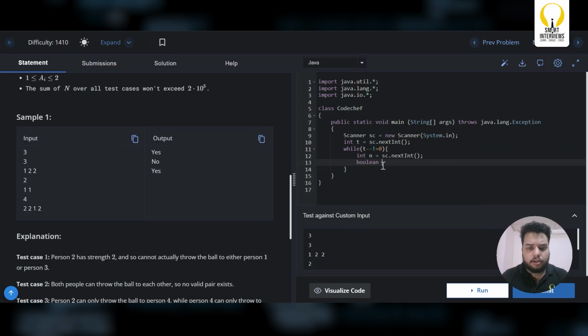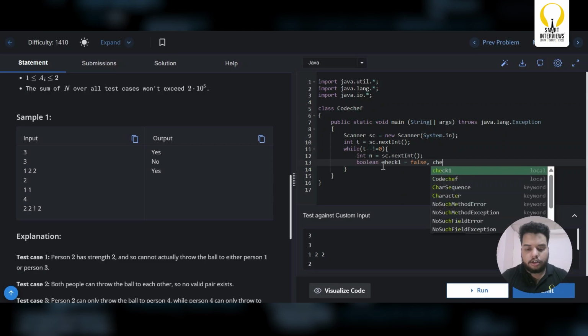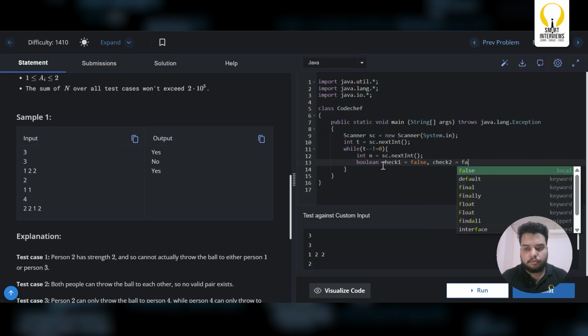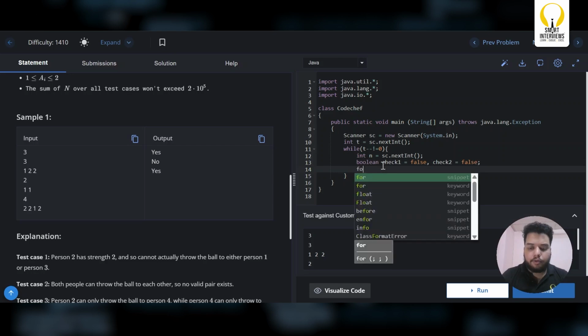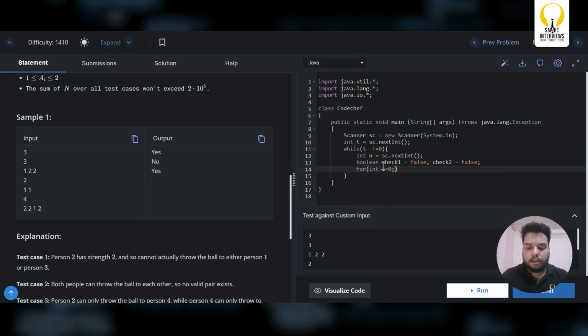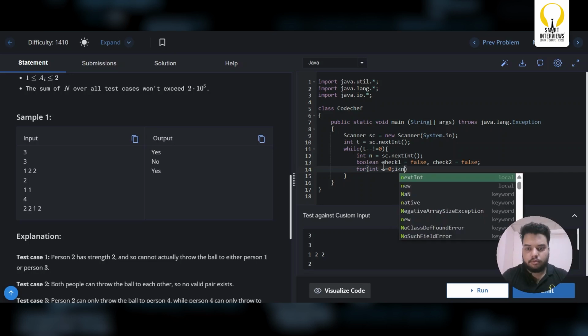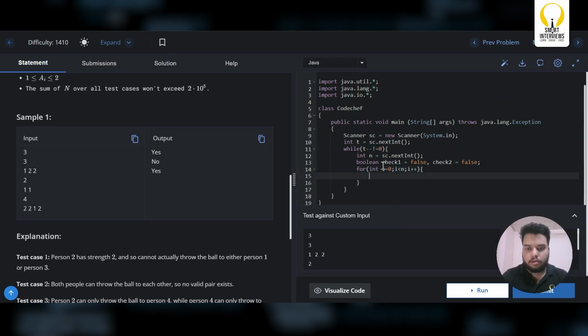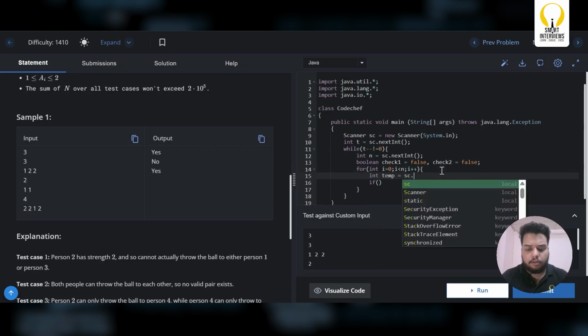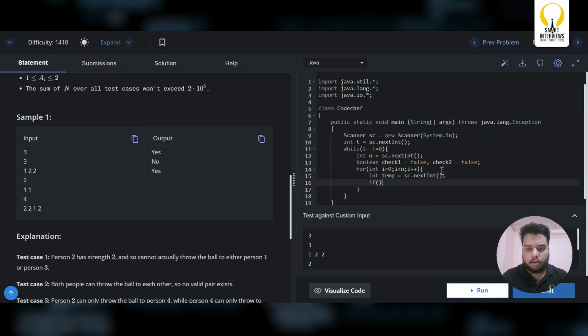We need just two checks, check 1 and check 2. Both are initially false. For now, let's read the array elements. If we are only going to consider ones, we need to find ones. But anyhow, I need to read the values, so next. And if my temp is equal to 1, check at which index it is.